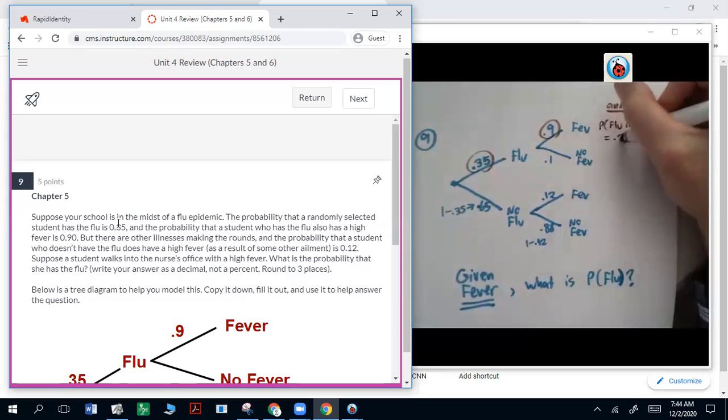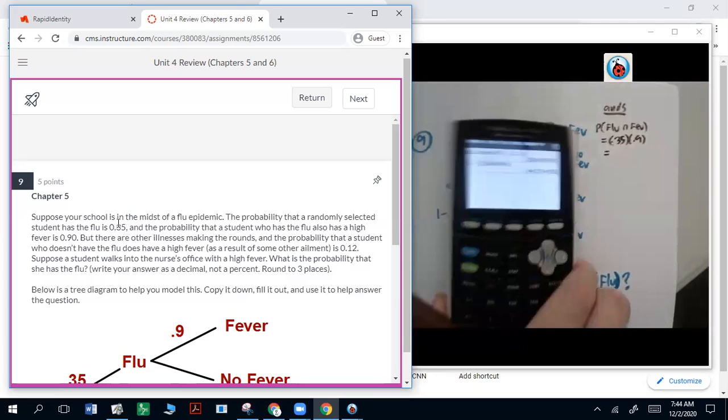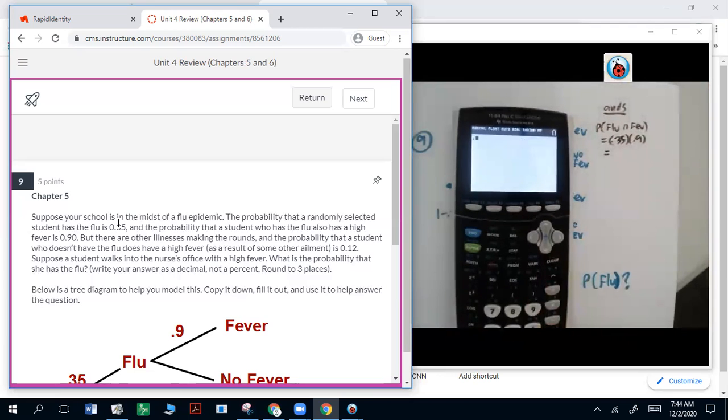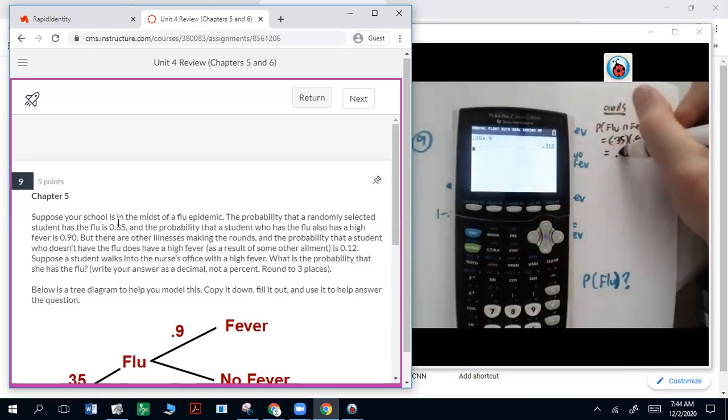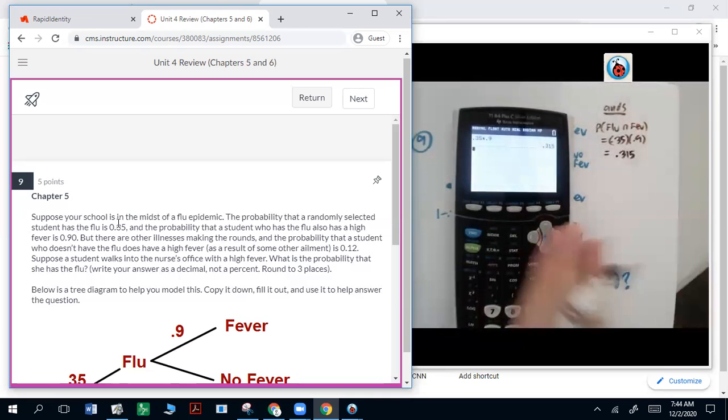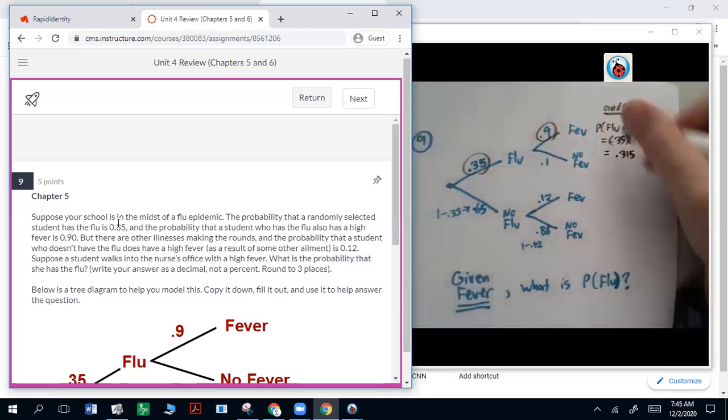Well, that's going to be 0.35 times 0.9. That's going to be 0.315. So people that have the flu and the fever combined, 31.5%.